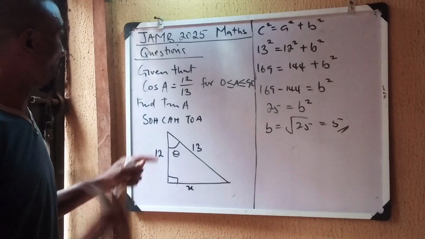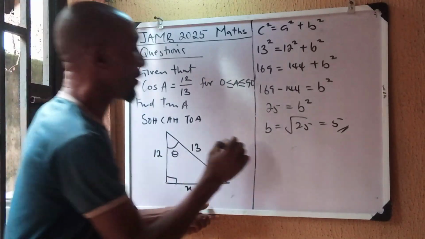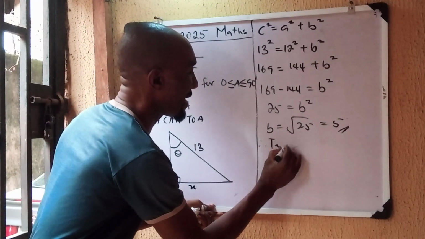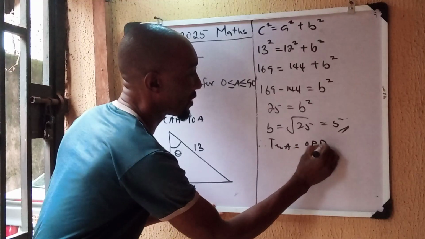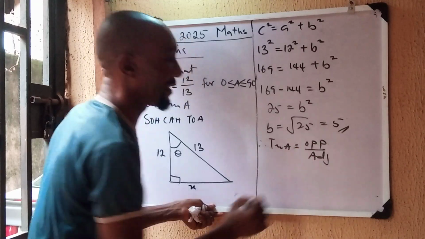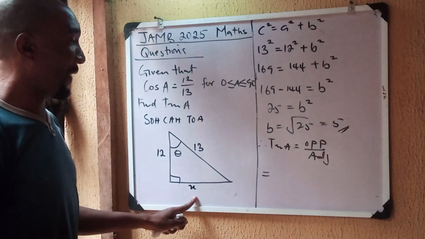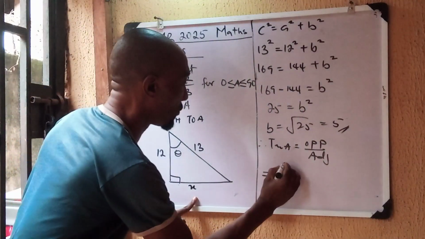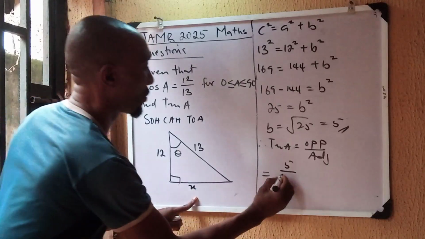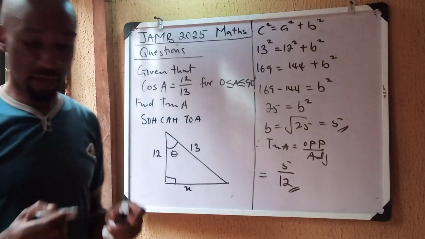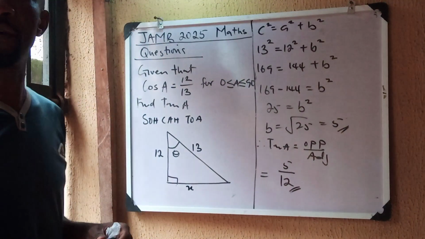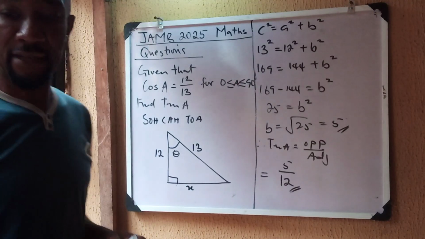That is not our final answer yet, because we are told to find tan A. Tan A, which is opposite over adjacent, will be 5, which we found, over the adjacent, 12. So our final answer is 5 over 12. All right, let's take one last one.